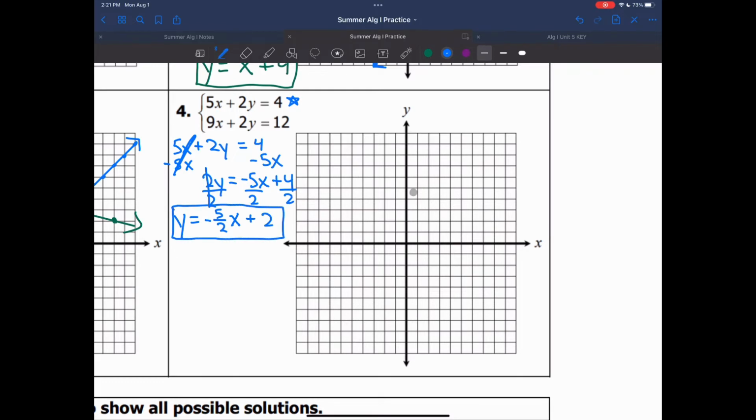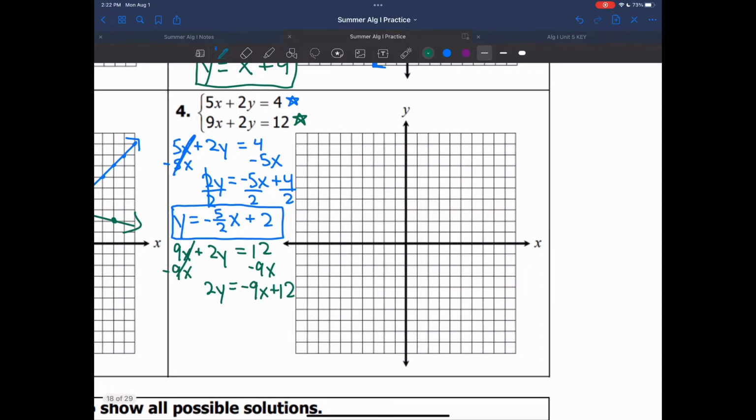So you could go graph it if you want, or I'm probably just going to get this one also into slope-intercept form, and then I'll graph them both. So let's do that. I'm going to write that one down. I'm going to start this one off by subtracting the 9x from both sides. That's going to cancel. I'm going to bring down my 2y equals negative 9x plus 12.